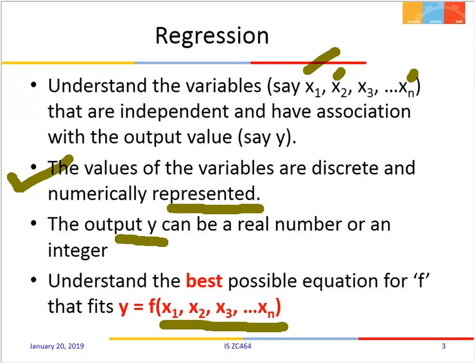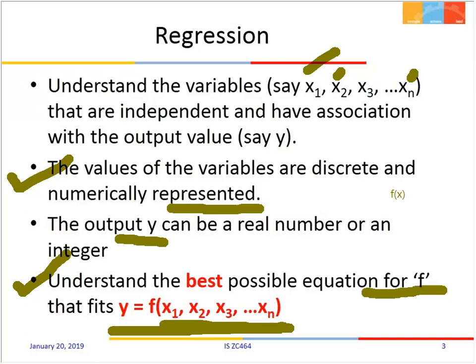So we try to understand the best possible equation for the function f that fits y equals f of x1, x2, x3, etc. You know how to write a function of a single variable. If you have, then you can always write it as a function of one variable x. And if we are representing this as y, then you can always say that y is equal to f(x). So y equals f(x) is that function.